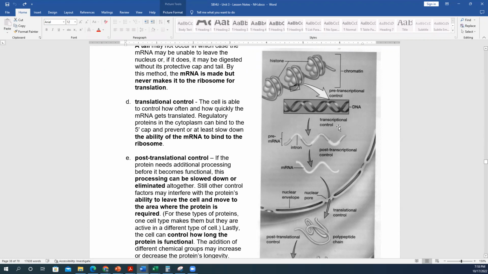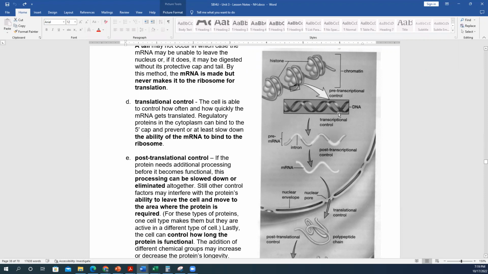Or you can have gene regulation at the point of transcription, where you can have transcriptional control. In this case, the cell is able to control whether or not that exposed part of the DNA will be transcribed. And in the case of eukaryotic genes, there are proteins present called transcription factors.